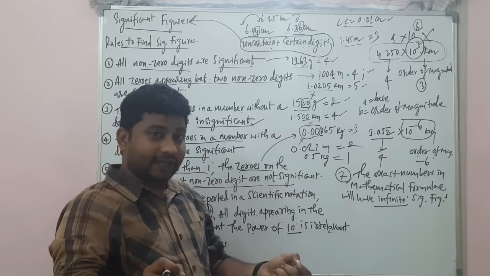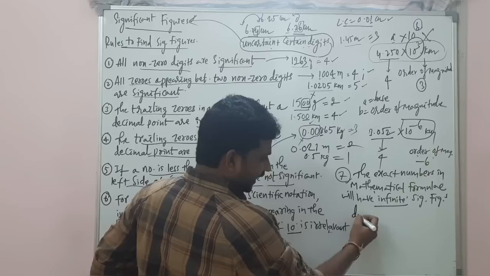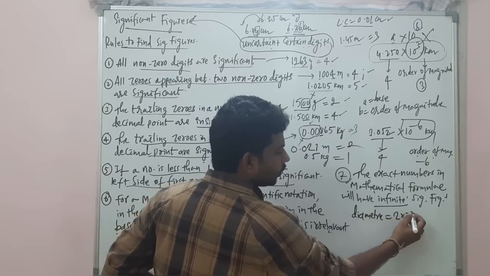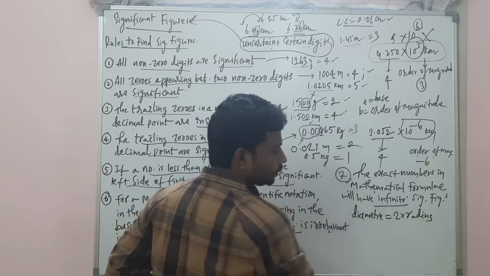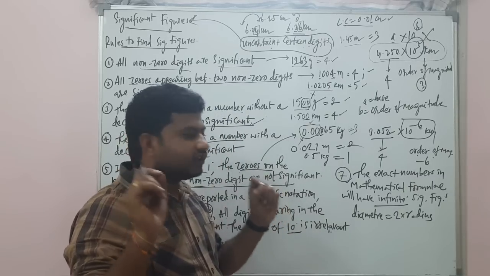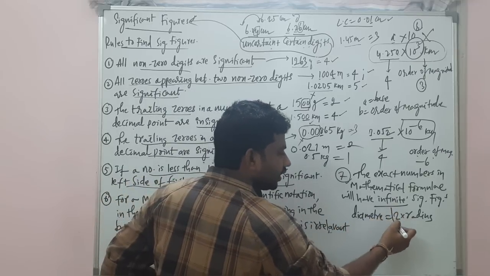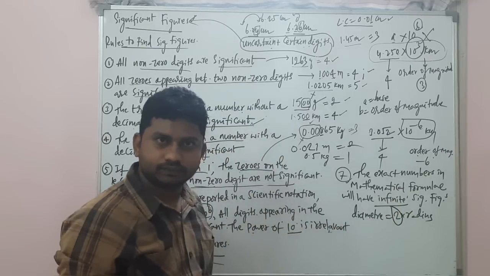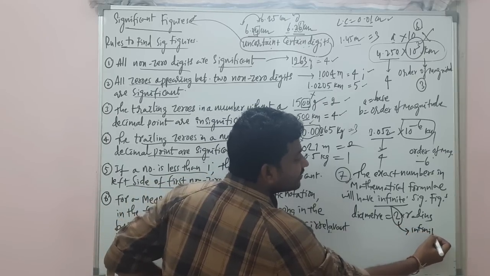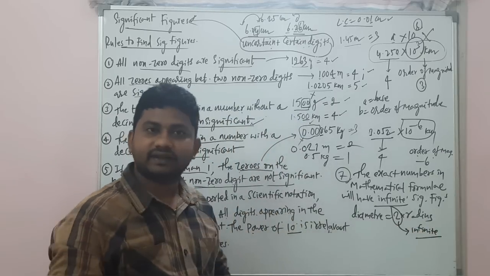For example, let's take the diameter of a circle, which is equal to 2 times the radius, yes or no? How many significant figures are there in this 2? Infinite significant figures will be there in this 2. Understand?